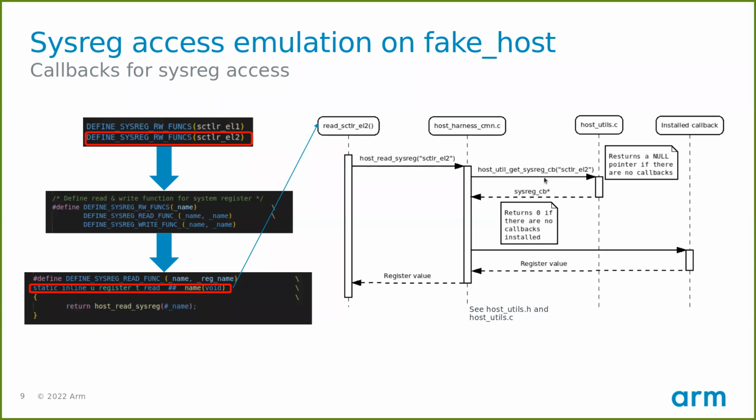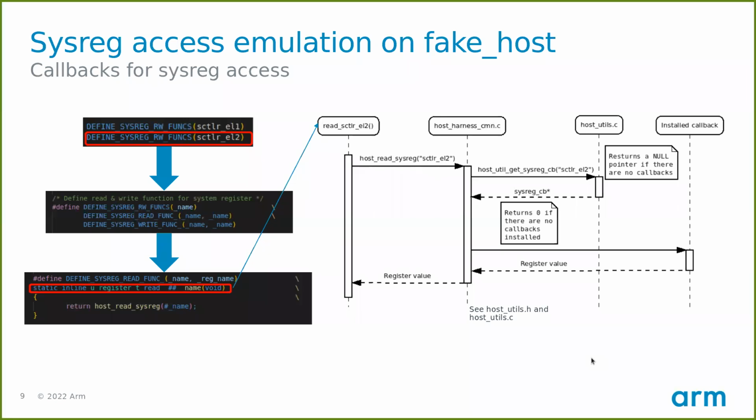If we didn't have any sysrec callback structure, or we had this structure but we didn't install a read callback, for instance, we only installed our write callback, then we will return 0, which is considered the default value if there's no callback installed. So this is the way we have to emulate sysrec access on the FakeHost platform.